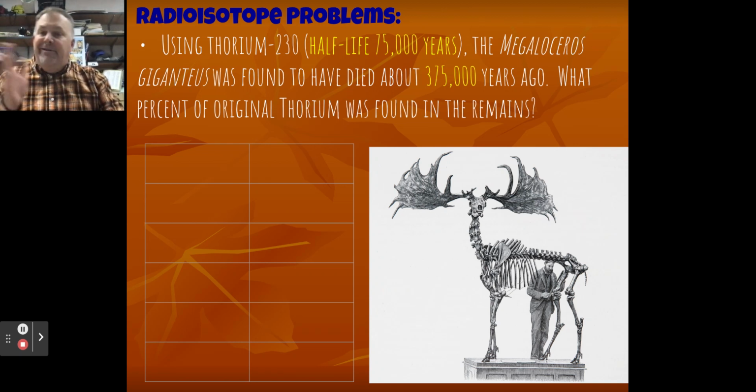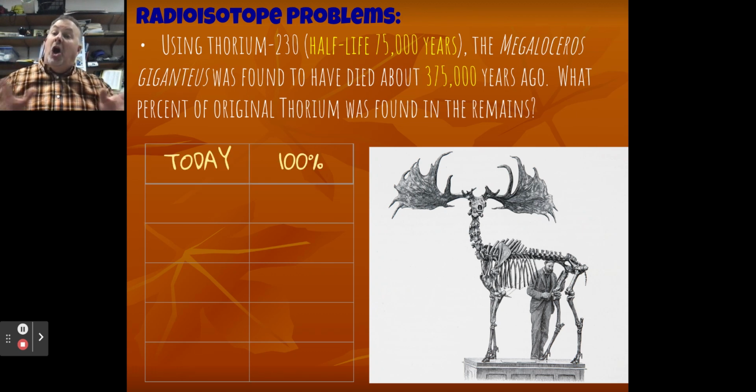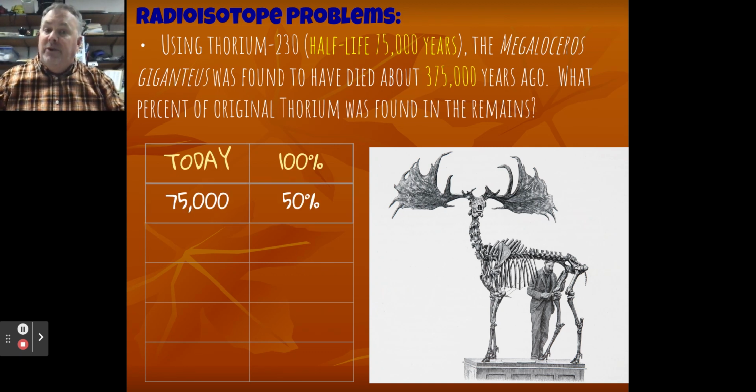Since we know the half life, what percentage of the original thorium was found in the remains? That's just the opposite of what I just proposed to you. If we know today it's got 100%, then the first half life is 50%, which would be around 75,000 years.